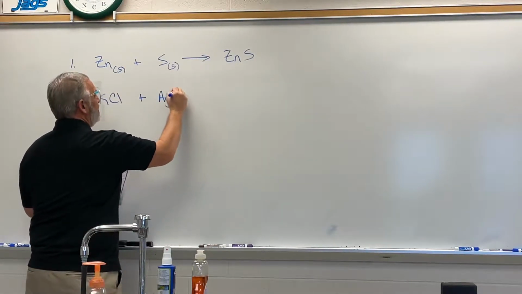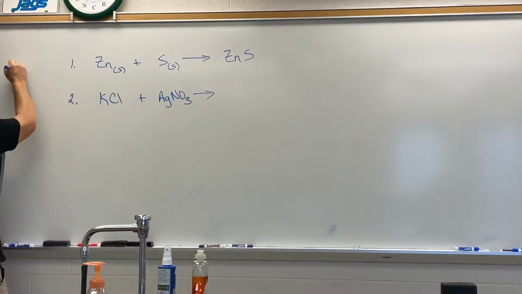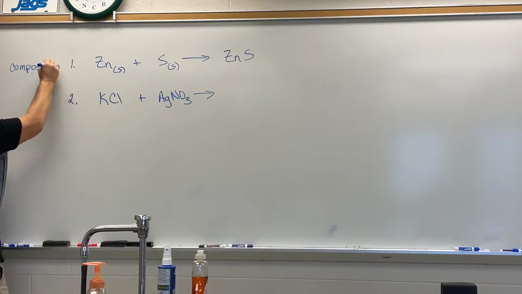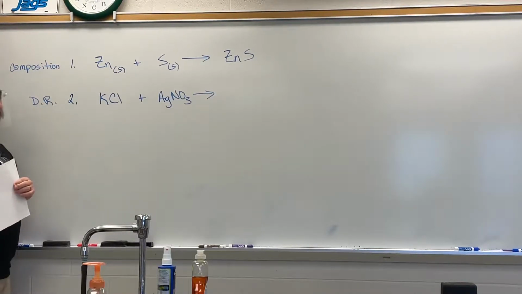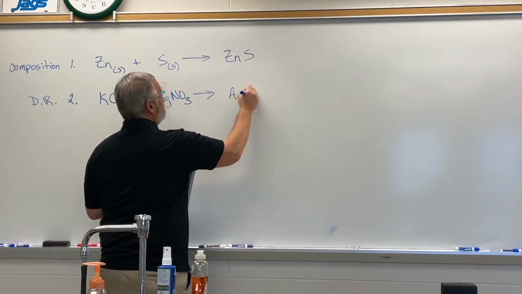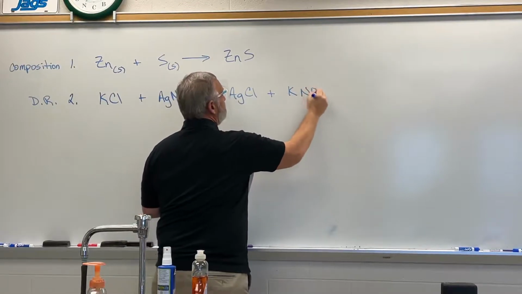AgNO3. So what type of reaction is this? Is it a composition? What's this one going to be? Double replacement, right? Okay, so what are we going to make? AgCl and then the potassium nitrate. And everything's +1, -1.